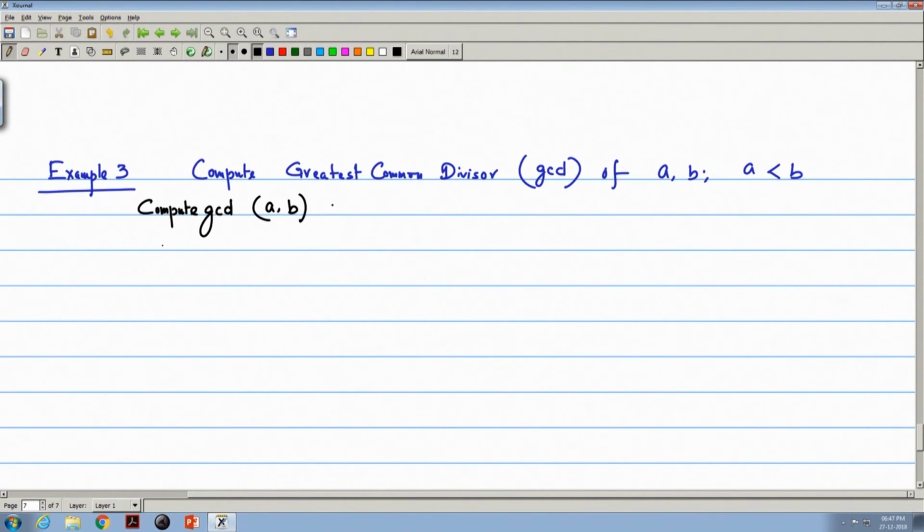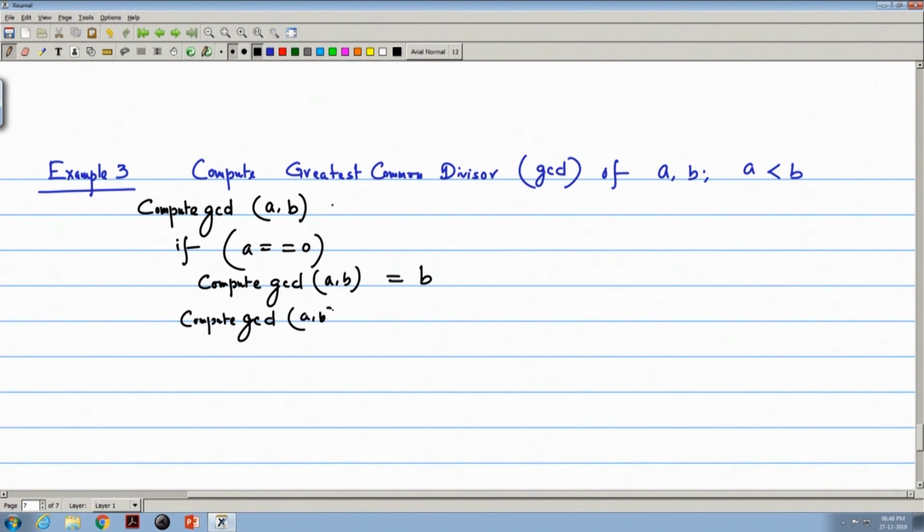If a equal to 0, then compute GCD(a, b) equal to b, else the recursive step: compute GCD(a, b) equal to compute GCD(b modulo a, a).